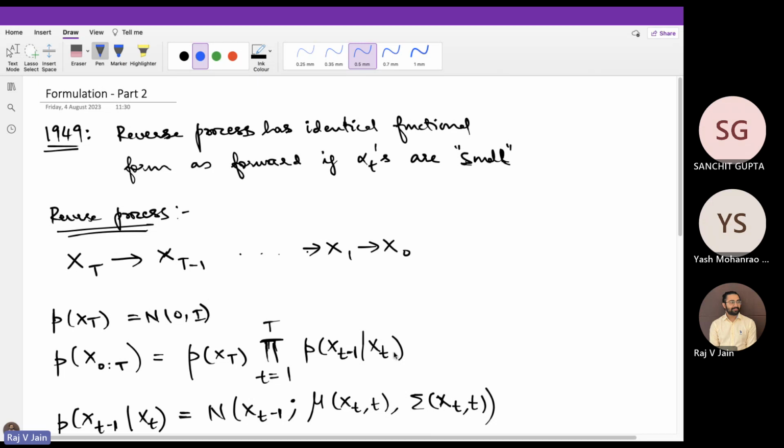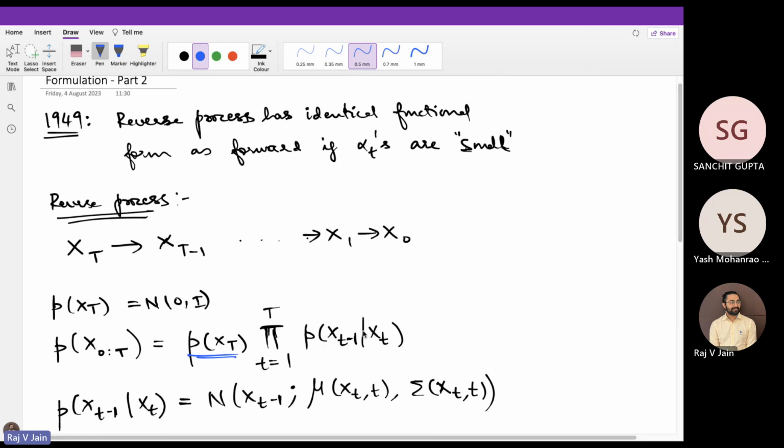So p of x_{t-1} given x_t is the reverse Markov chain, and you start from p of x_T. Also, because the forward Markov chain steps are all Gaussian distributions, the reverse distributions will also be Gaussian, with some mean and some variance.